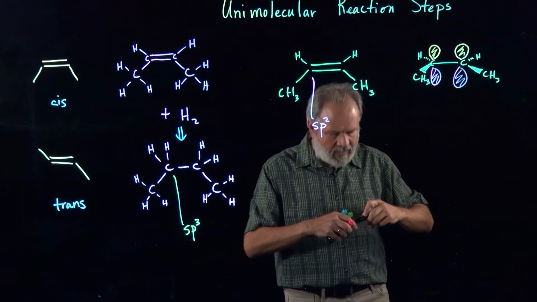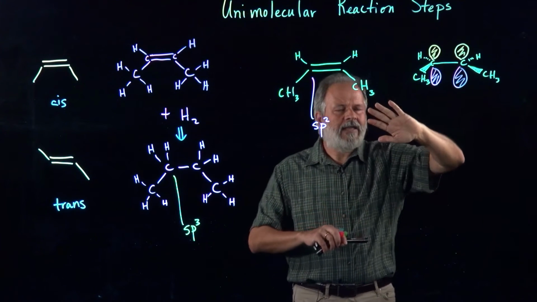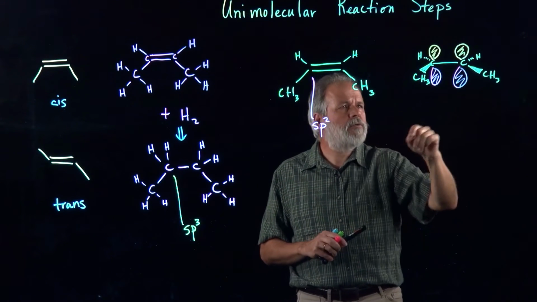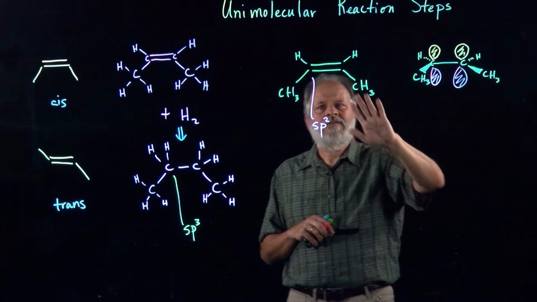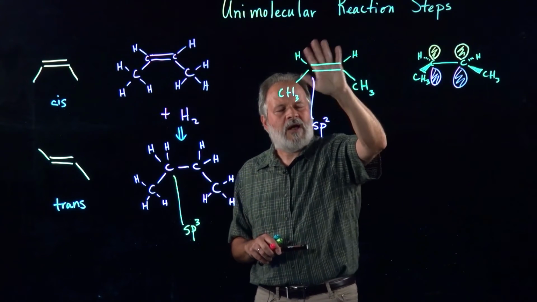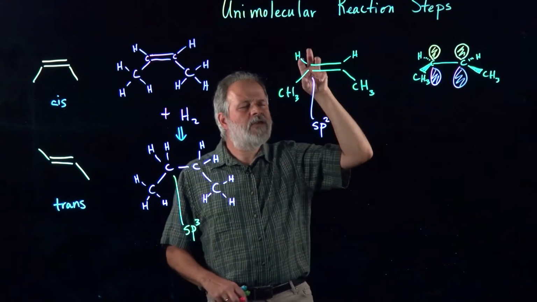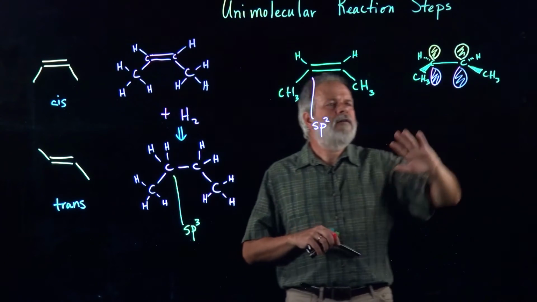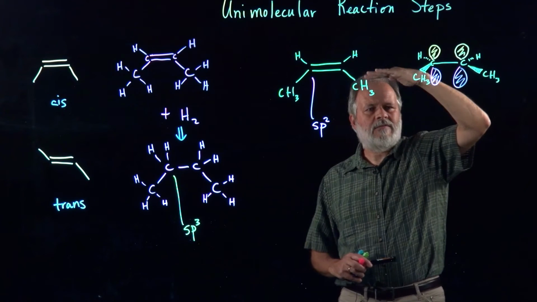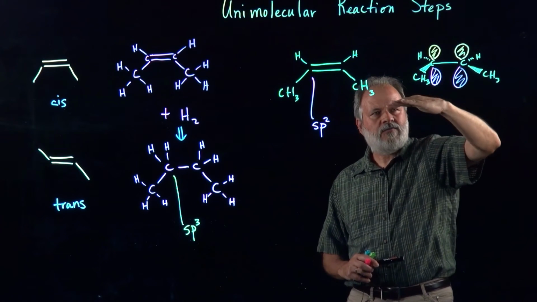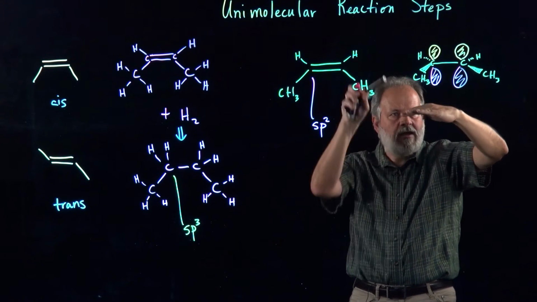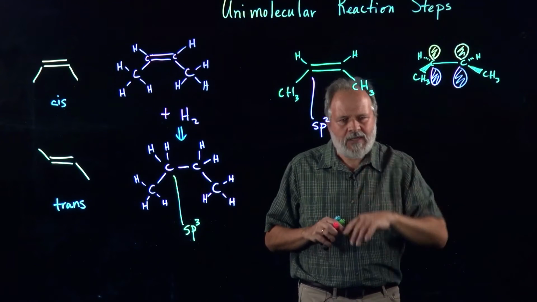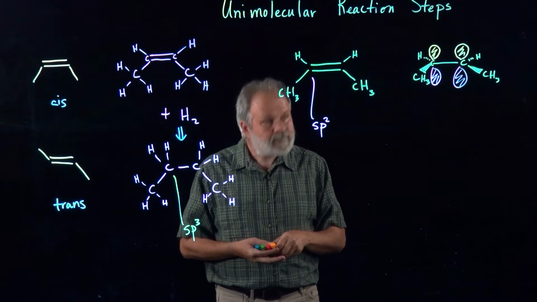So the molecule is flat and the p orbitals are above and below the plane of the molecule. If the molecule is in the plane of the screen here, the p orbitals are coming out at me and out at you. So what we did was we rotated so that now if the molecule is this way, then the p orbital is above and below. And so the overlap of the p orbitals form a pi bond.